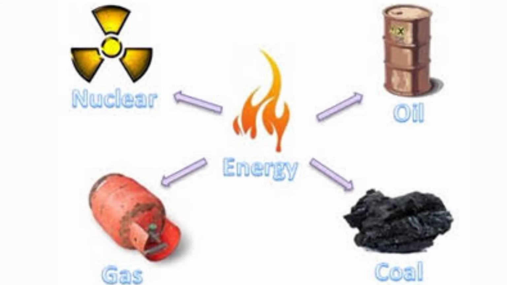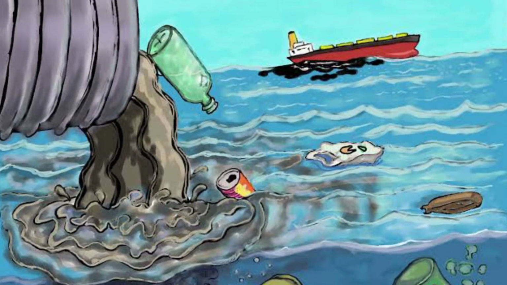Here we see that the growth of industrialization mainly affects the scarcity of resources through the extraction of mineral ores and crude oils. Through this, the water sources get polluted and scarcity of resources occurs.